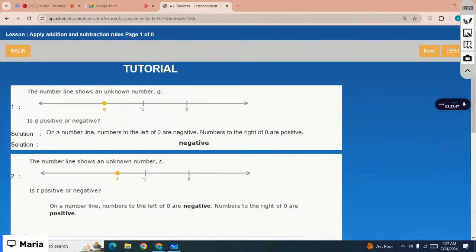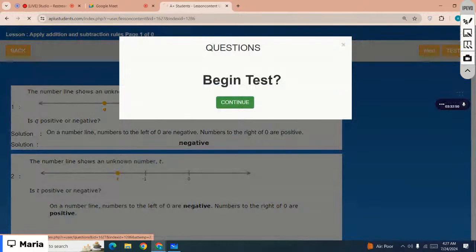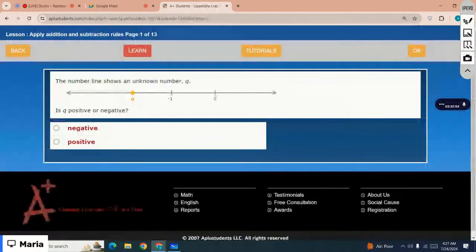Let's just start with the test questions. Okay, the number line shows an unknown number q.